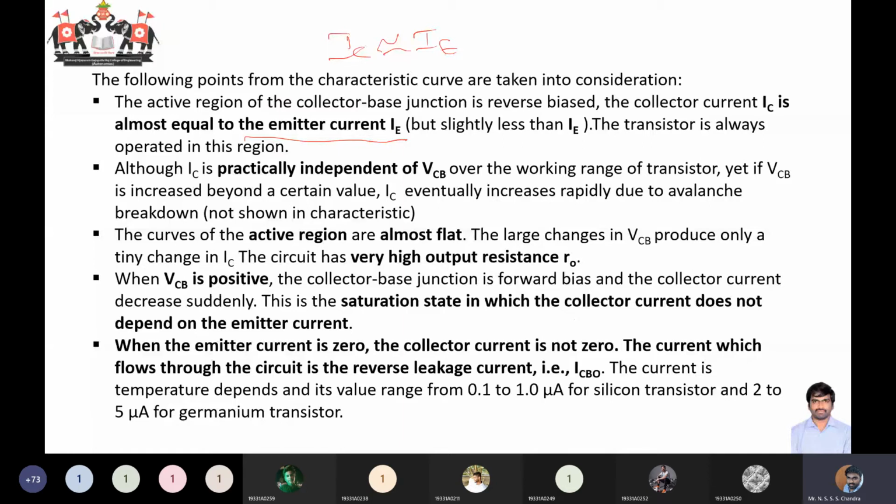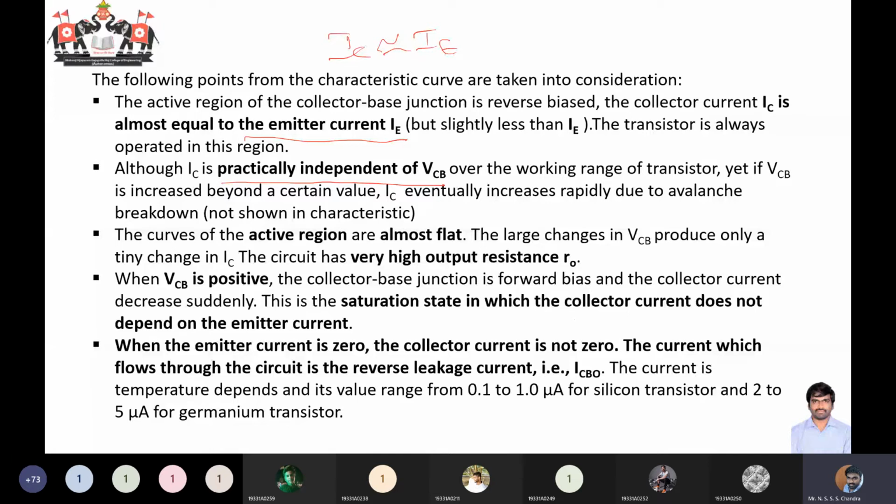Most of the time the transistor is used not as a switch but as an amplifier. If you want to use it as a switch, you will not use the active region. I also told you that your graph is almost flat, so your IC is practically independent of your output voltage VCB.